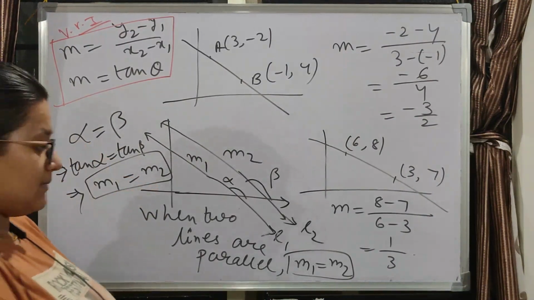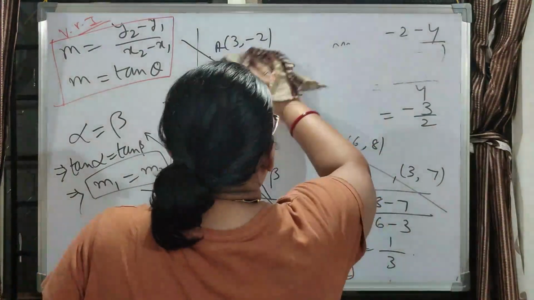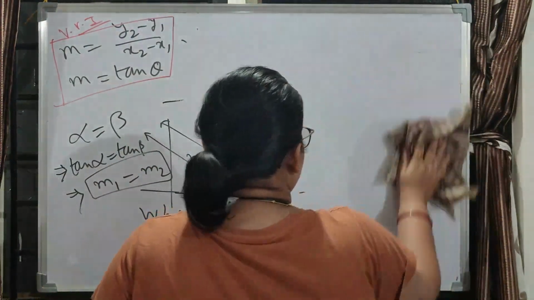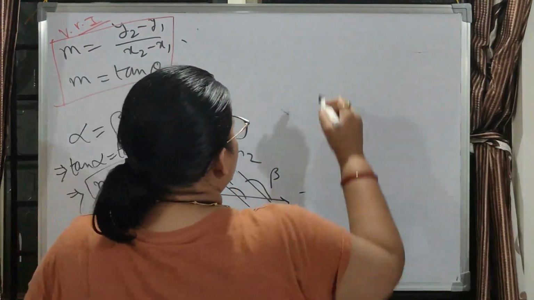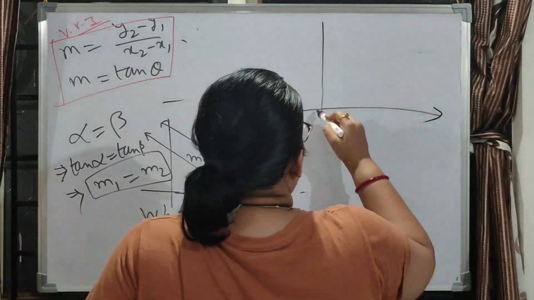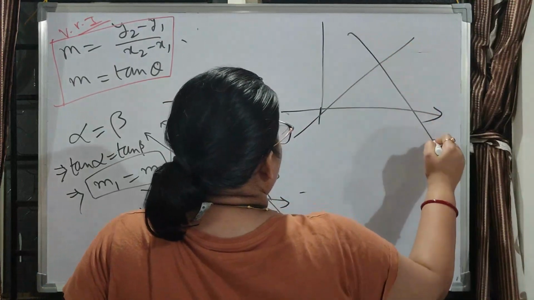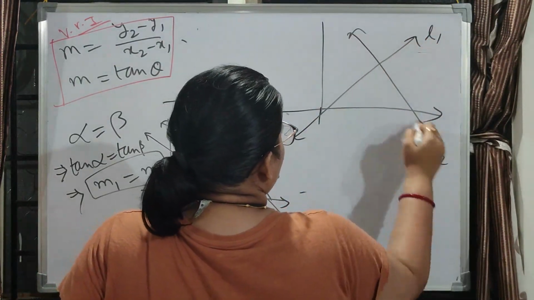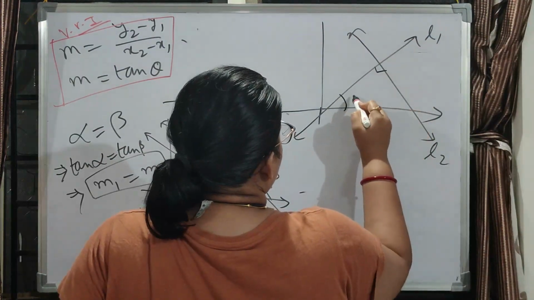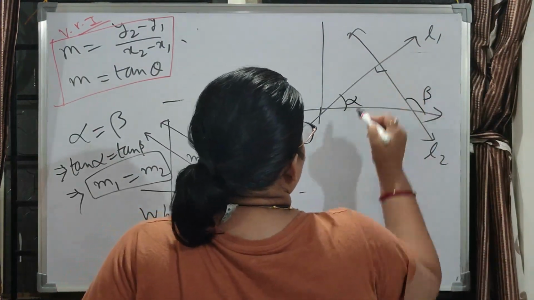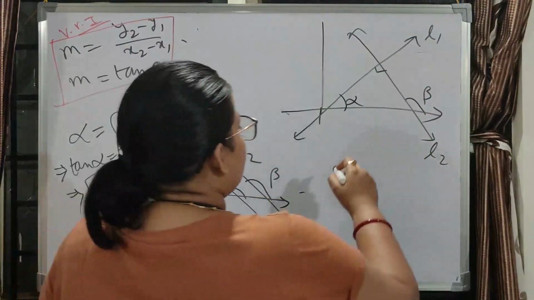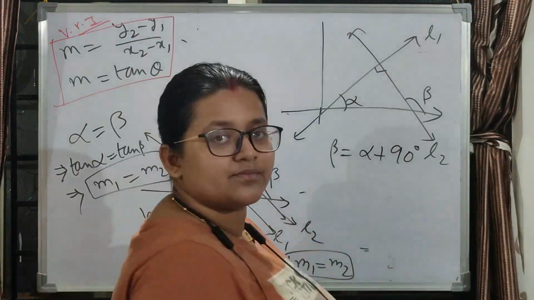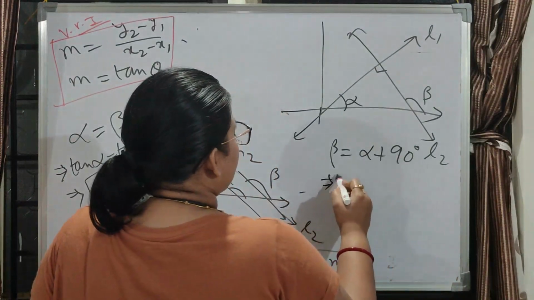Same thing, whenever any two lines are perpendicular, what will be the condition for that? Suppose here L1, L2, this is alpha, this one is beta. So here beta equals alpha plus 90 degrees.